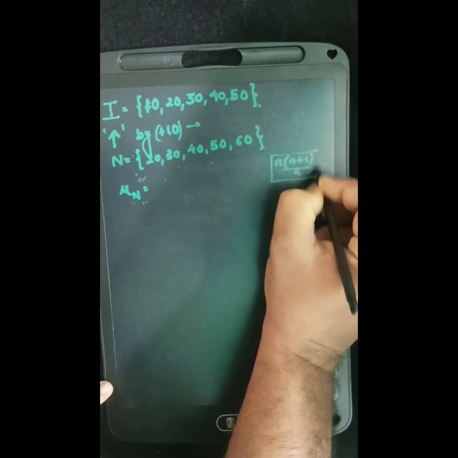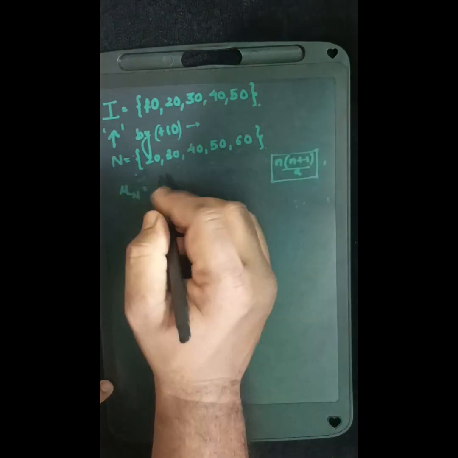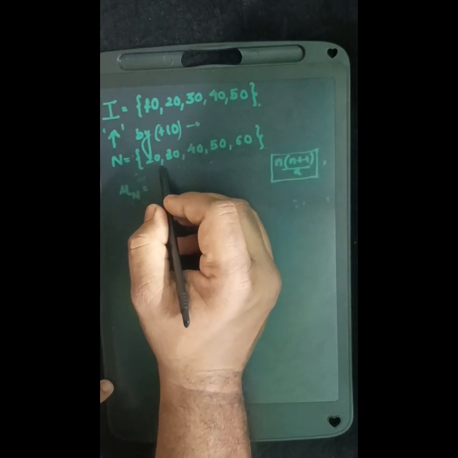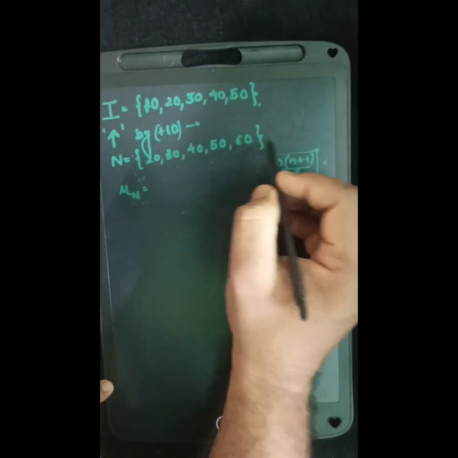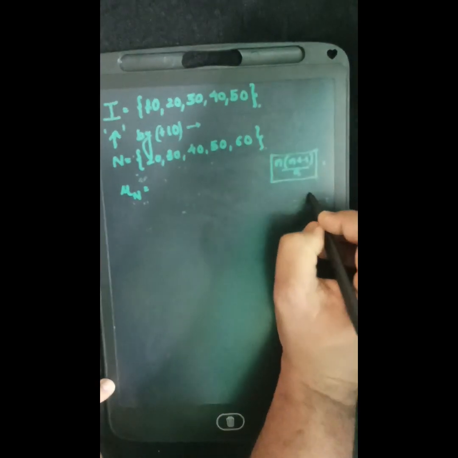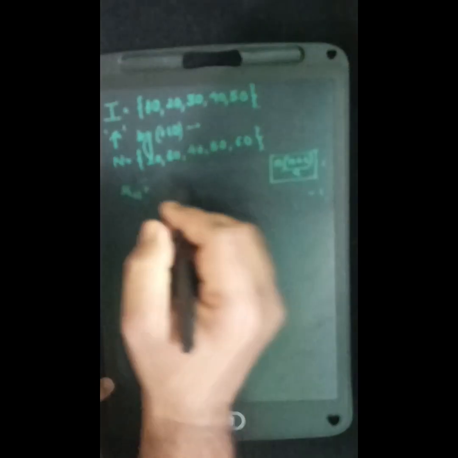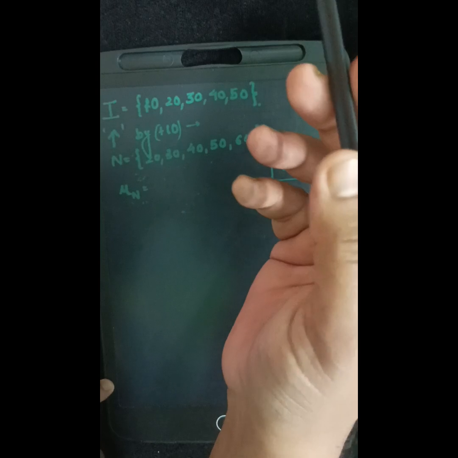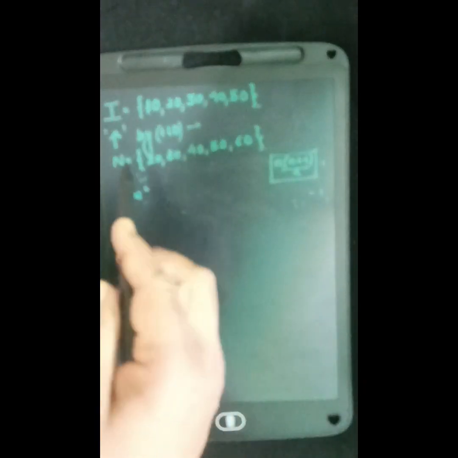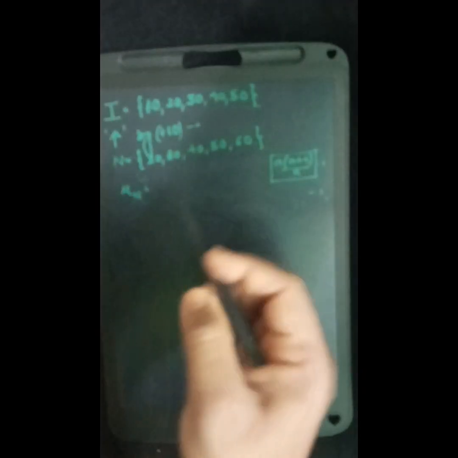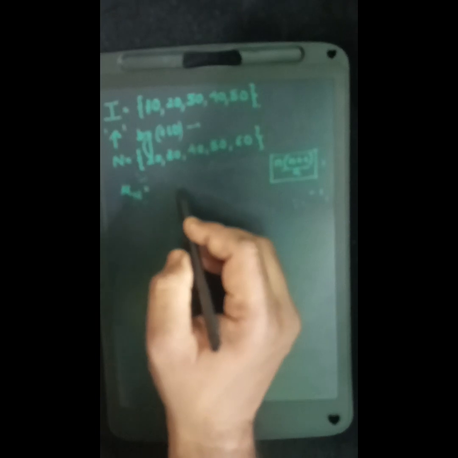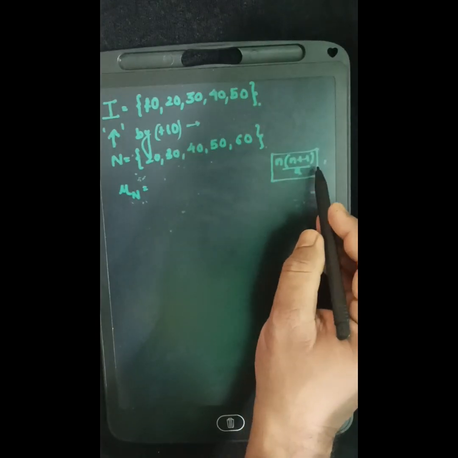This formula may be used for summing up the values. If I take 10 as common, it comes out to 20, 30, 40, 50, 60, and then you may also subtract 1, since it is not starting from 10 as in the previous case. In the previous figures, which started from 10 only, we could have directly used n into n plus 1 by 2.